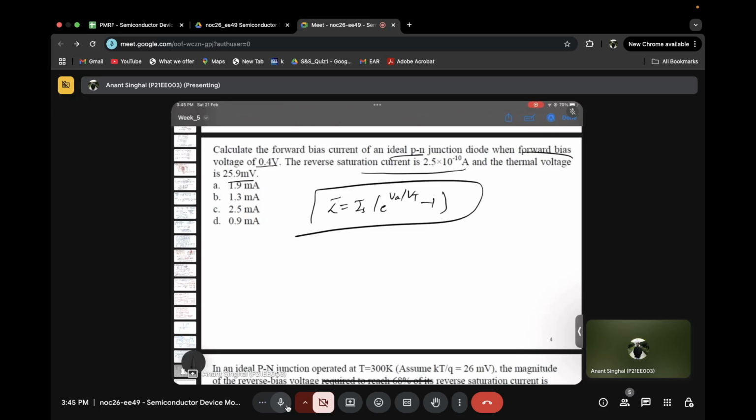Any answer? So this is 2.5 times 10 to the minus 10, times exponential of forward bias 0.4 over Vt, 0.0259, minus 1.